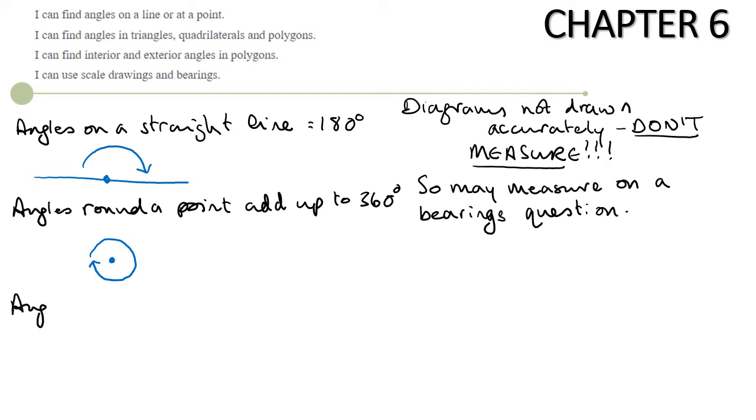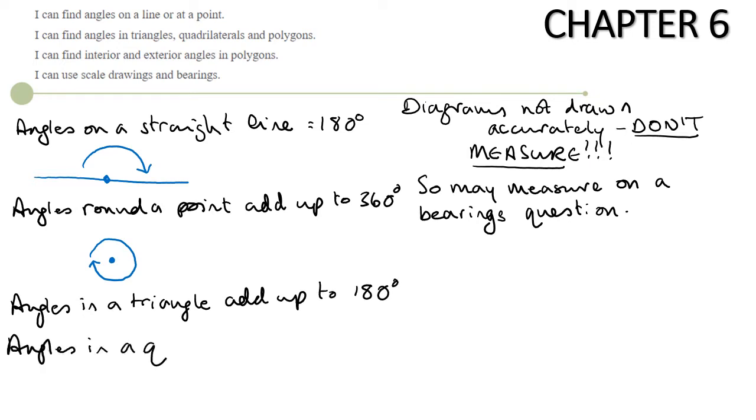Angles in a triangle add up to 180. And angles in a quadrilateral, so that's any four-sided shape, add up to 360. So far the only angles that we've got are 180 and 360.